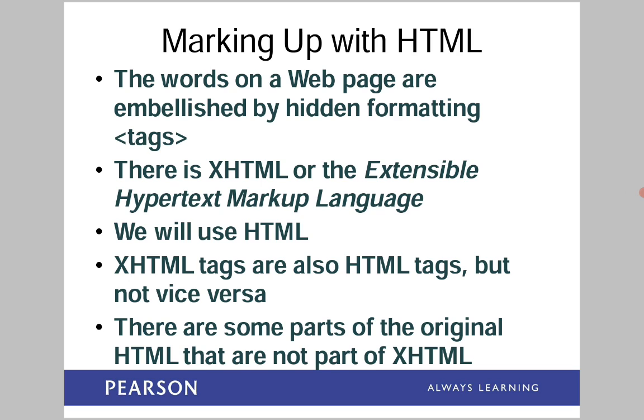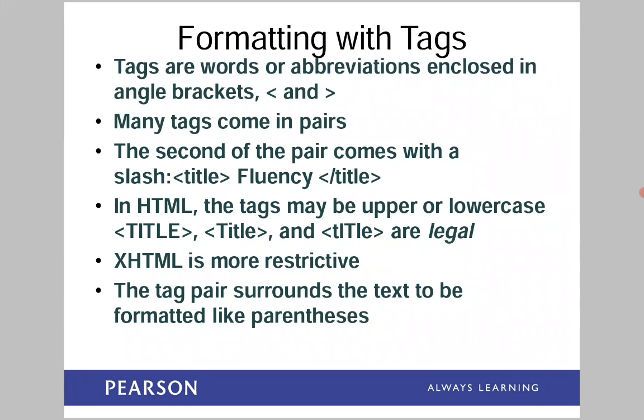These tags are written in between angle brackets, and XHTML, the extensible hypertext markup language, is also used. Generally we use HTML as the main scripting language to write any websites and web applications.